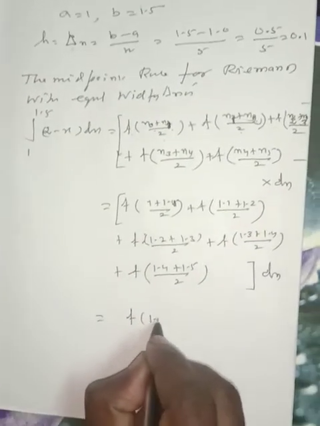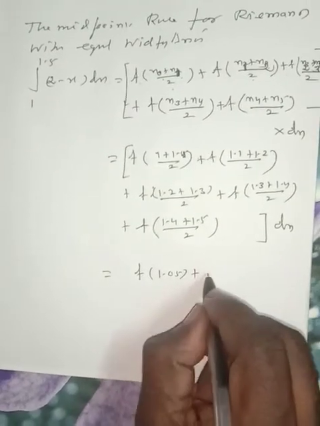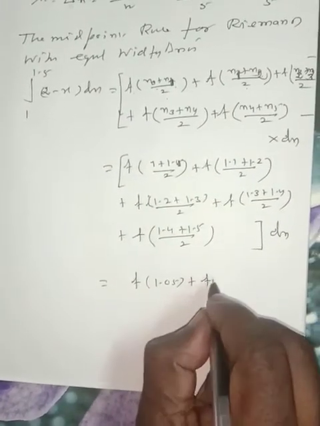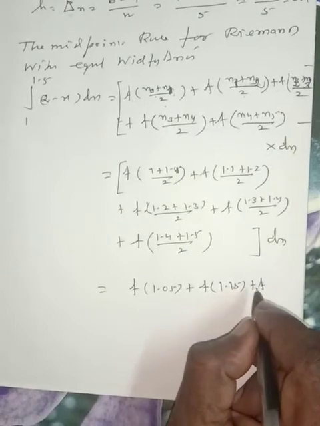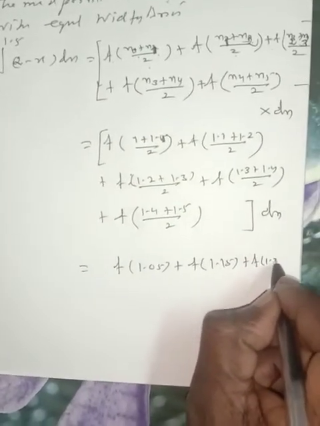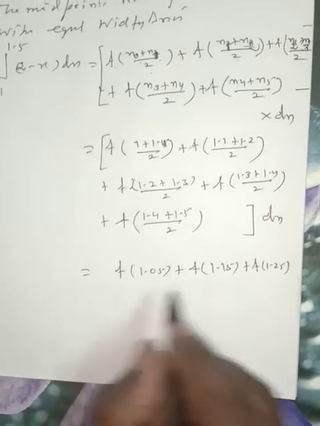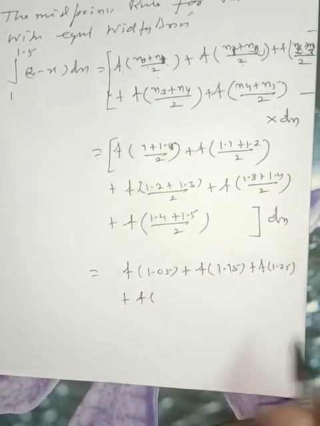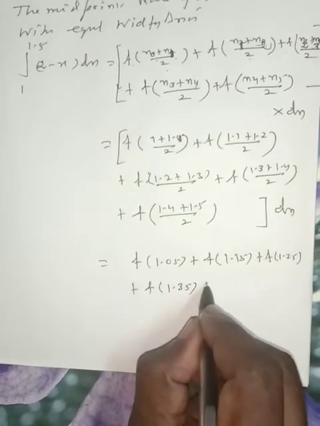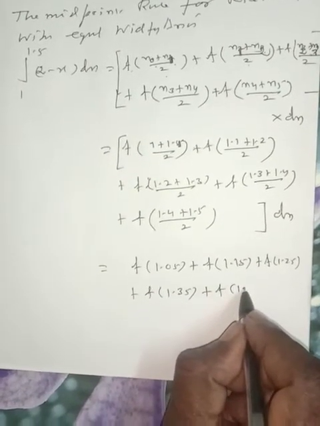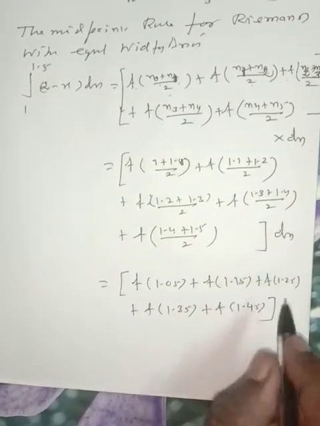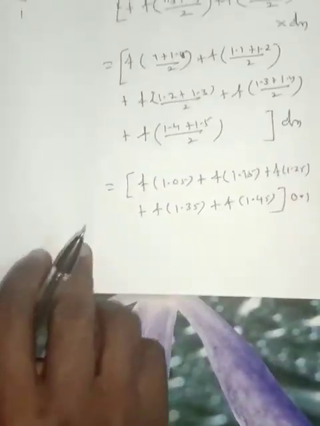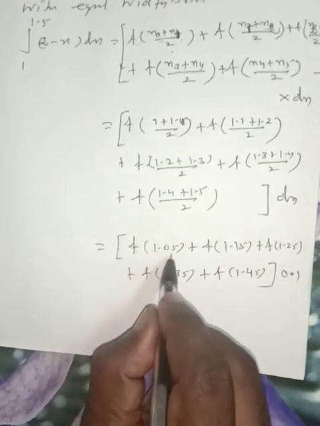f of 1.05 plus f of 2.30 divided by 2 is f of 1.15, plus f of 1.25, plus f of 1.35, plus f of 1.45, into del x is 0.1. Now f of x is 2 minus x.